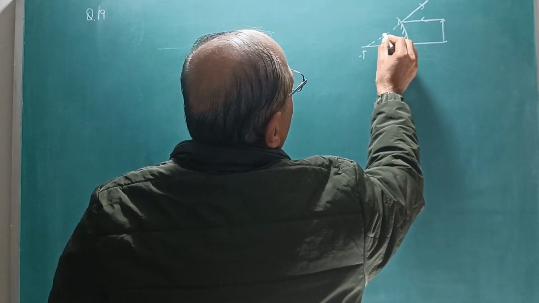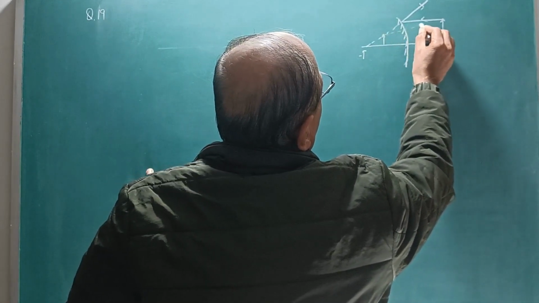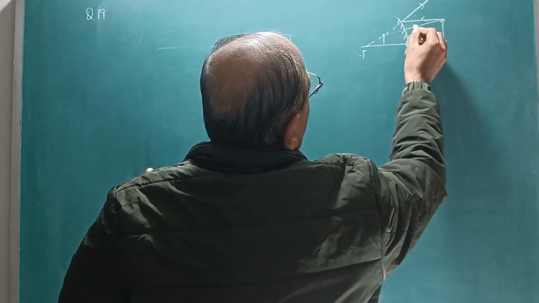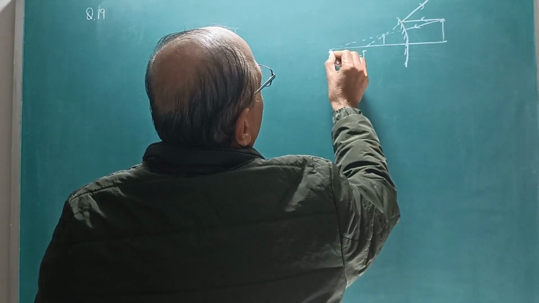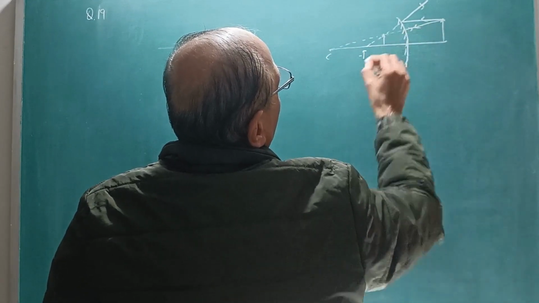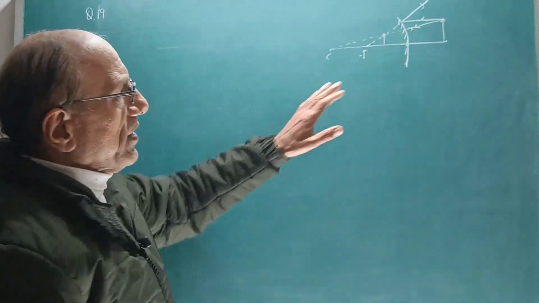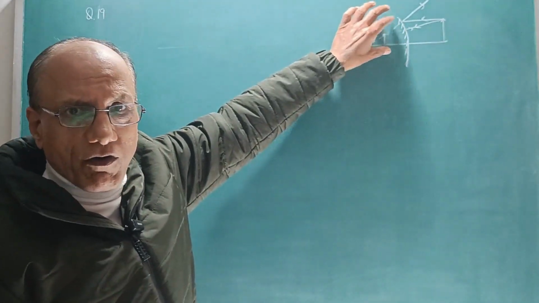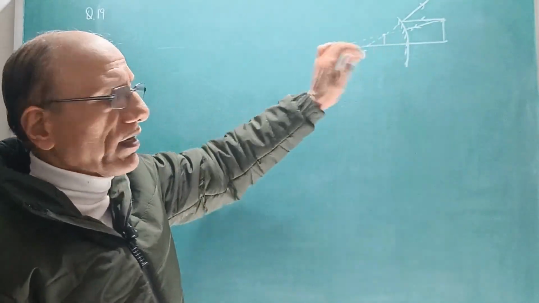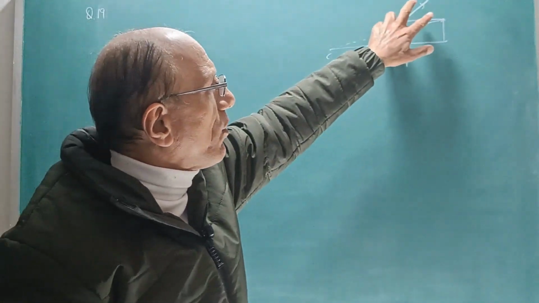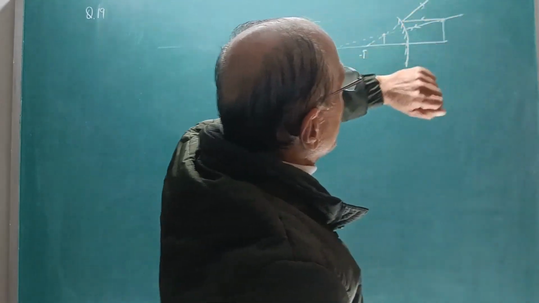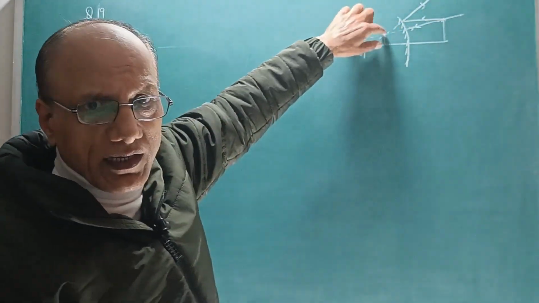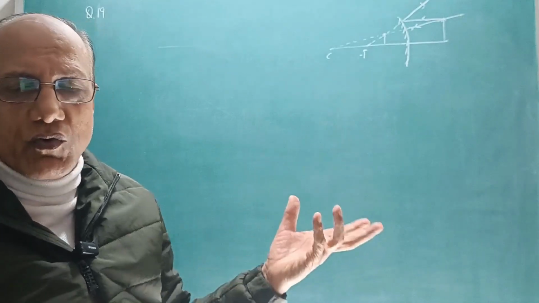And if you have a ray at the center of curvature, then you will find it will return back. So they will appear somewhere here. So the image is formed virtual behind the mirror, because the rays will not meet. They are diverging. So they will appear to meet somewhere here. So the image is virtual.